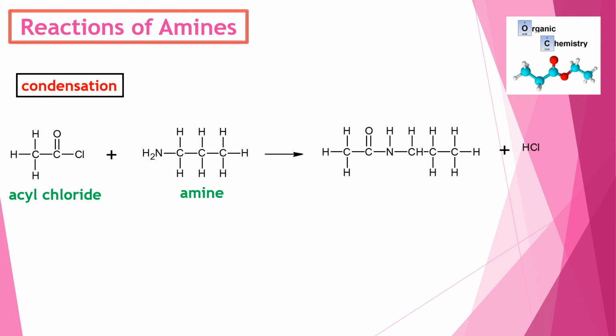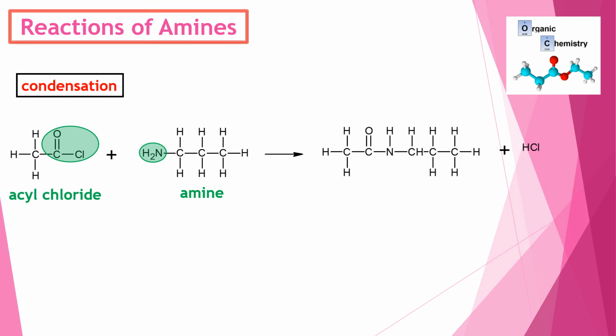In this case, the reactive part of the molecule, the chlorine, is going to react with the amine here, and they form a bond together. This is called an amide bond. So you can see the carbon double bond oxygen is joined next to a nitrogen in the middle of the molecule, so we've combined two molecules together, but we've removed a small molecule.